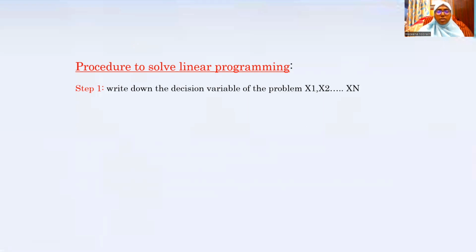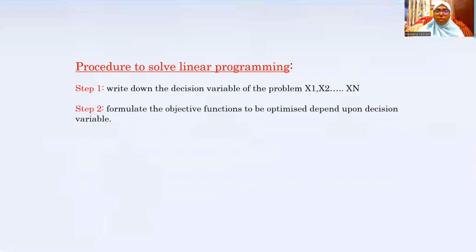The next one is to formulate the objective function which is to be optimized, dependent upon the decision variables. It depends on whether the problem is Z max or Z minimum, which means maximizing the profit or minimizing the cost. It will be determined by seeing the decision variables.